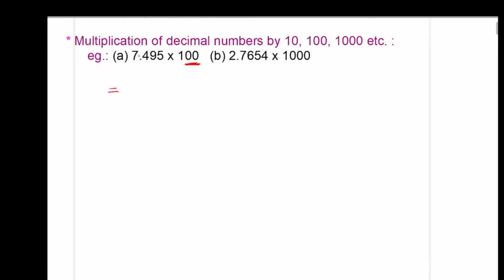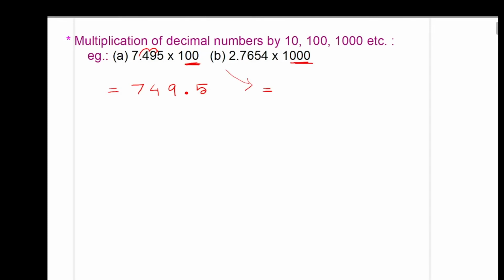So this point will be shifted towards the right by how many digits? 2 digits. That means it will be 749.5. Okay, next here also, in 1000 how many zeros? 3. So this point will be shifted towards the right. When you multiply, the point will be shifted towards the right.